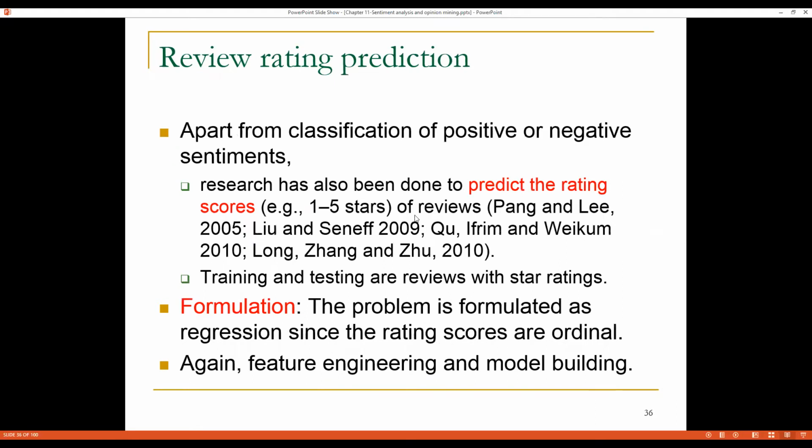Review rating prediction. Apart from classification of positive or negative sentiments, research has also been done to predict the rating scores of reviews, for example, 1 to 5 stars. The problem is formulated as a regression since the rating scores are ordinal.